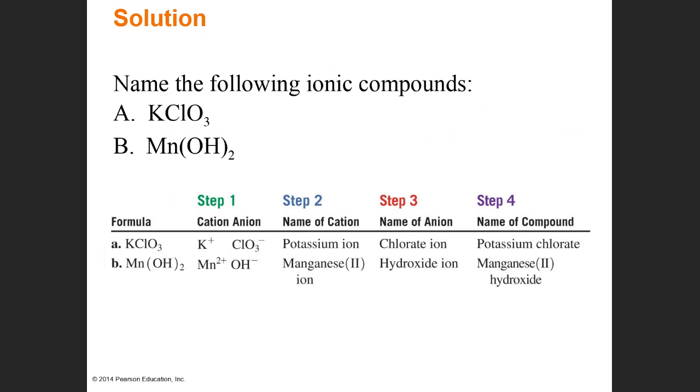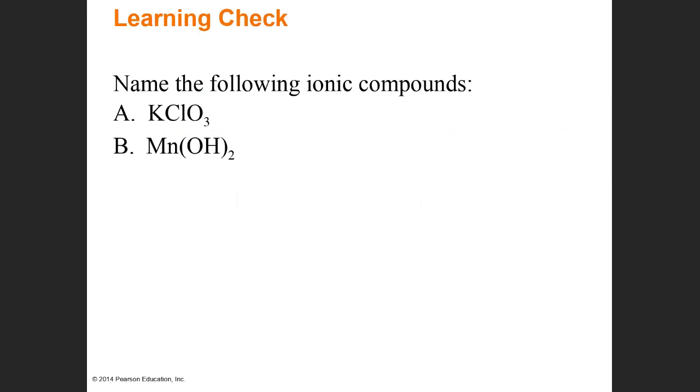Oh, and I screwed up. I forgot the Roman numeral. I went too fast. Okay, manganese: if I look on the periodic table, manganese comes in two forms. It can either have a +1 or +2, so we've got to figure it out.